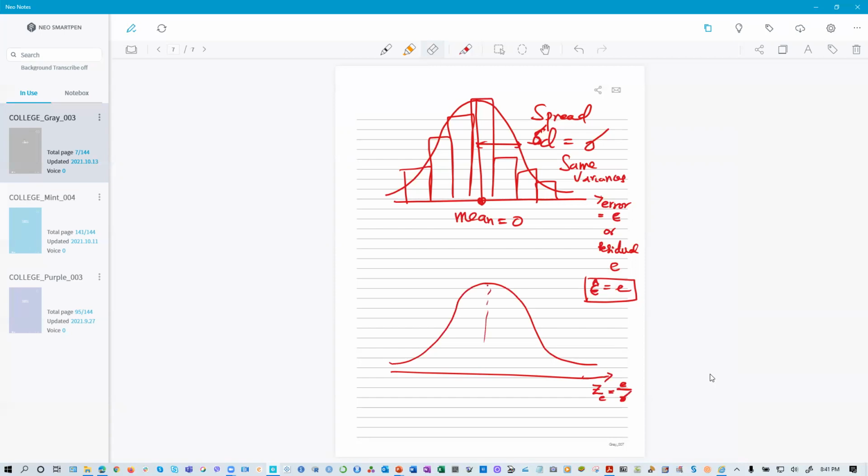Then you're going to have 0 at the center again, and this time your standard deviation is 1. And this will be within 3 on this side: 3, 2, 1, negative 1, negative 2, negative 3. 3 above the mean, 3 below the mean.